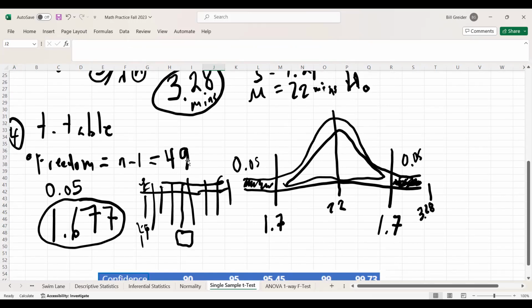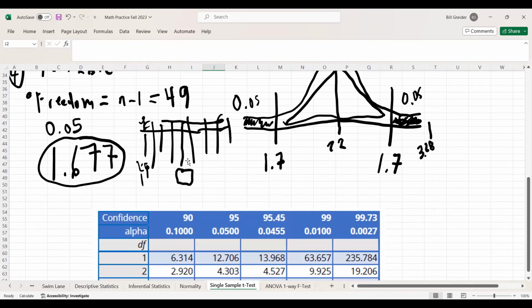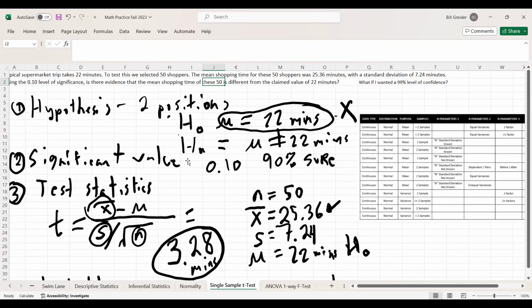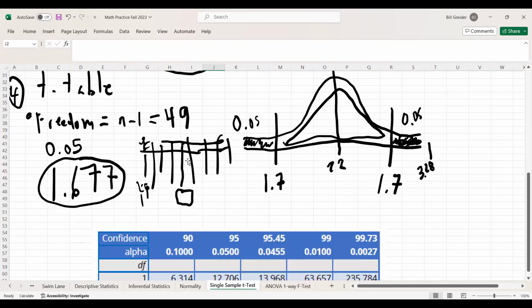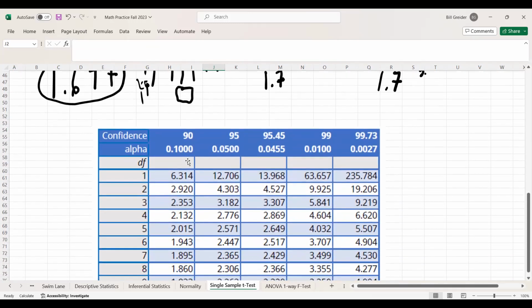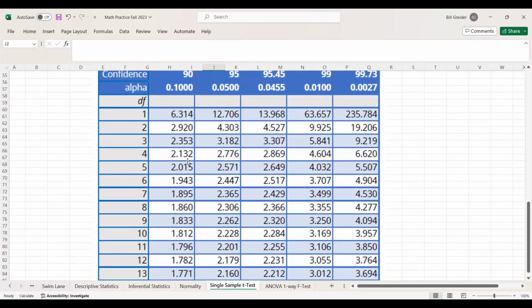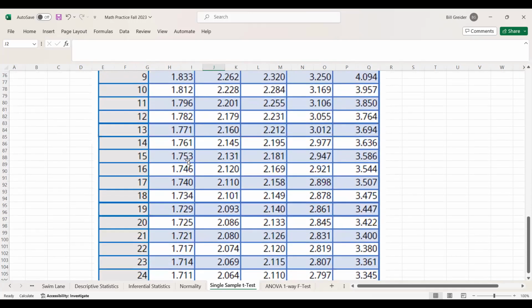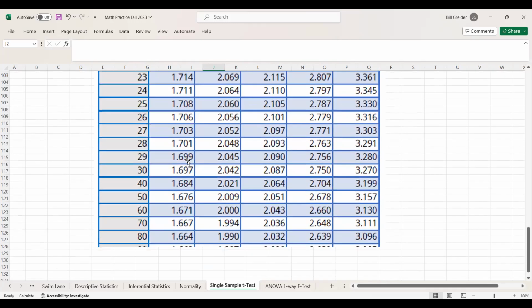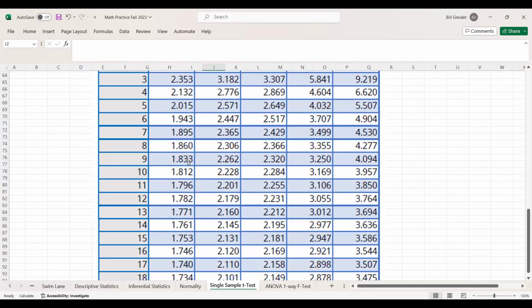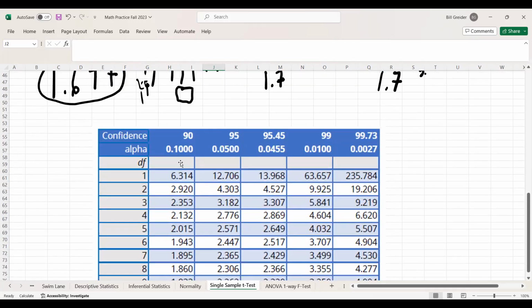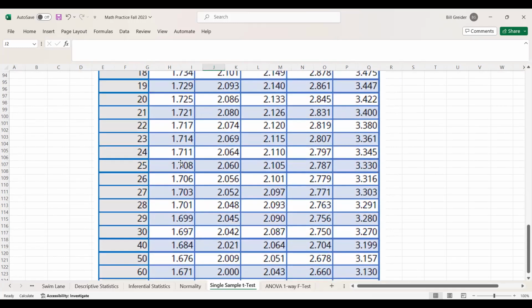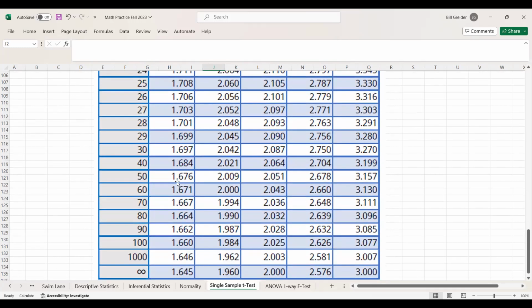My confidence level was 90%, so the alpha is 0.1, and I'm going to go to 49. Here's the column for the 90% confidence level, and my degrees of freedom are 49. The closest I can get is 1.684; 1.676 is for 50, so we'll use that.